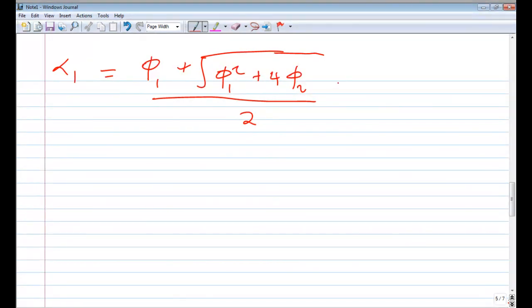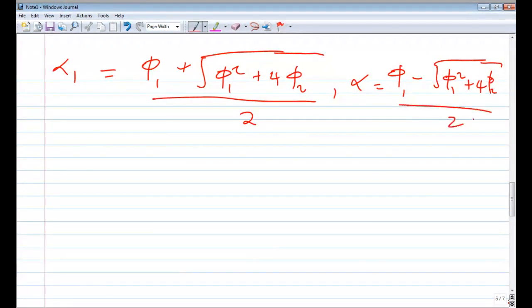Yeah, that's alpha 1. Then alpha 2 will be equal to phi 1 minus the square root of phi 1 squared plus 4 phi 2, divided by 2. That is alpha 2. Now, the question is alpha 1 equal to alpha 2?